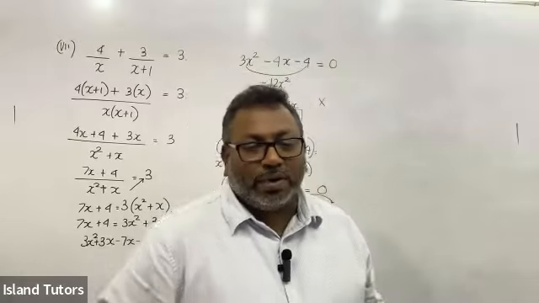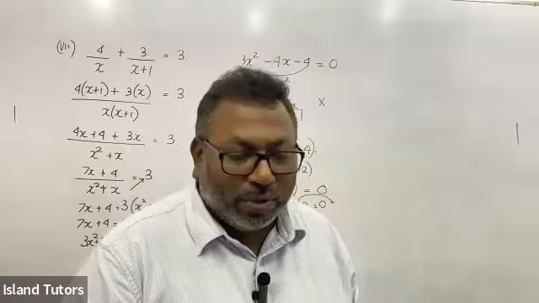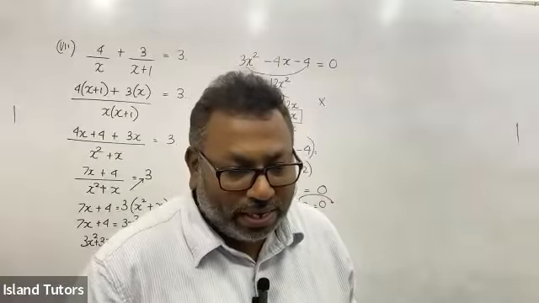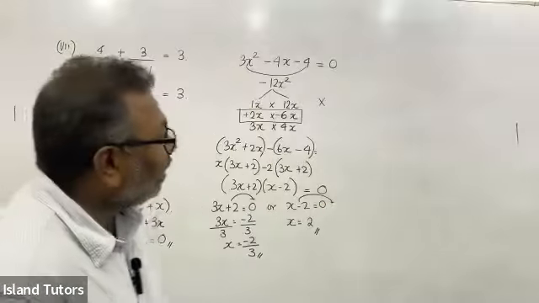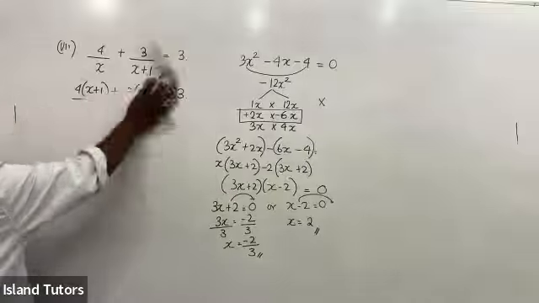Solve each quadratic equation given below by factoring. I want you to look at question number part 2. So x squared minus 21 is equal to 11. Shall we do those two questions?